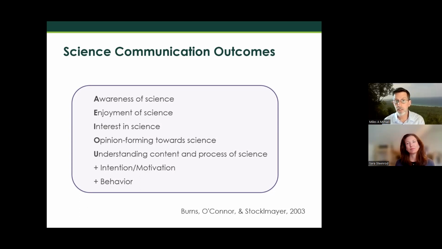So we have measures related to awareness of science. A couple of you have mentioned that already today. Enjoyment of science, interest in science, opinion forming towards science, understanding the content and process of science, which is really critically important and probably underdone in assessment of BI related learning.